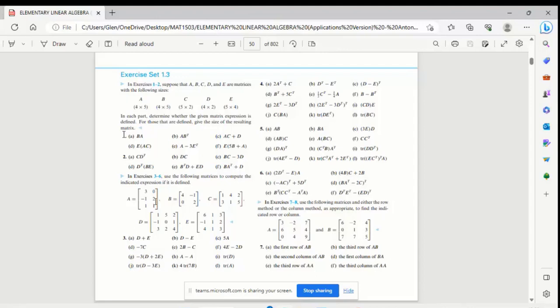The first row is -4, -2, -1. Second row is -4, -1, and 1. And then the last row is -2, -1, and 1.